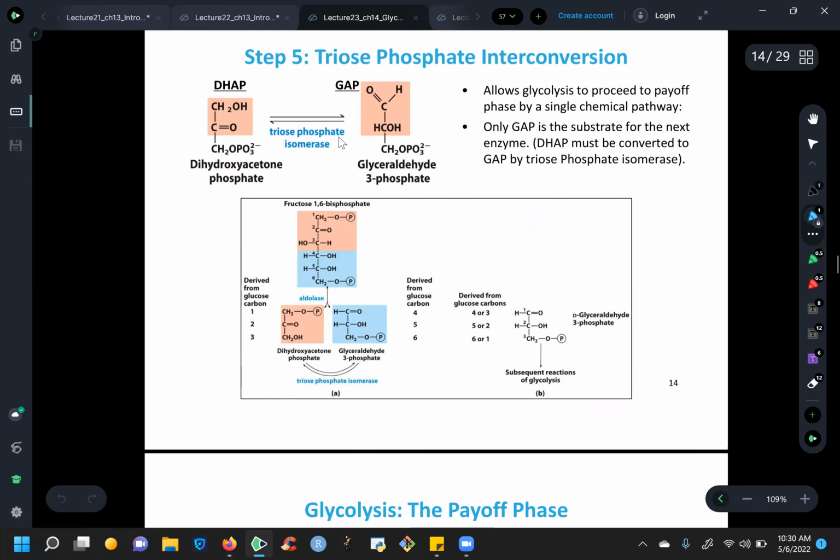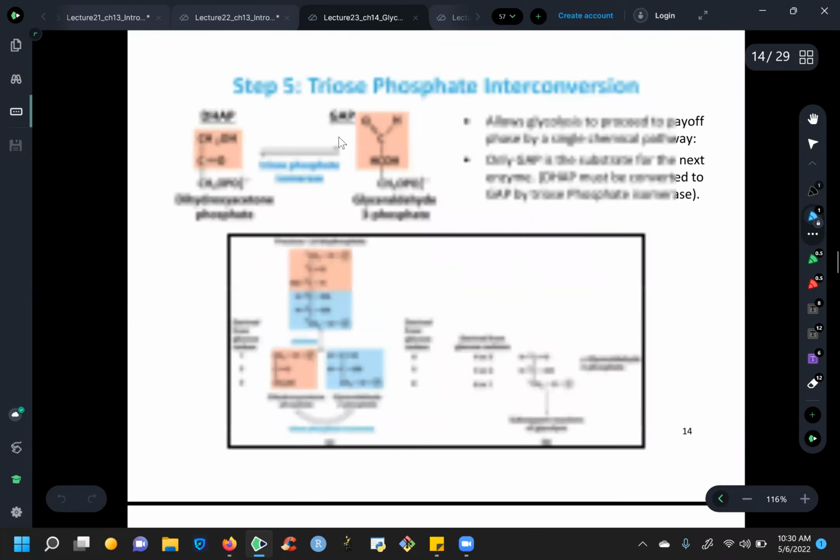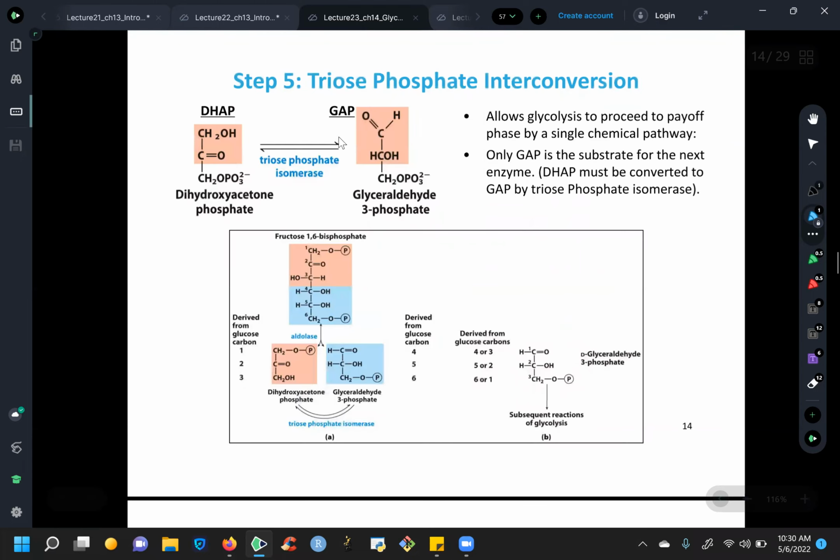Step 5, triose phosphate isomerase. So that's the interconversion. So I would make a flashcard on this. I have seen many questions on finals about this enzyme or this material. Triose phosphate isomerase. So remember, we have dihydroxyacetone phosphate and we have glyceraldehyde 3-phosphate. Those are the 3-carbon sugars that were broken from the 6-carbon molecule.